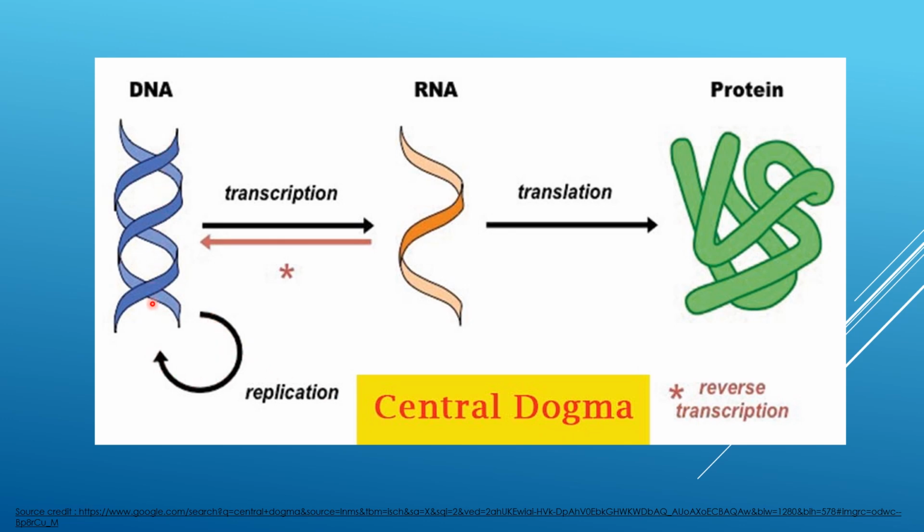DNA is the genetic material which has the ability to replicate itself. It can be transcribed into RNA. The process we call transcription. It can be further translated into protein. So this is the central dogma.